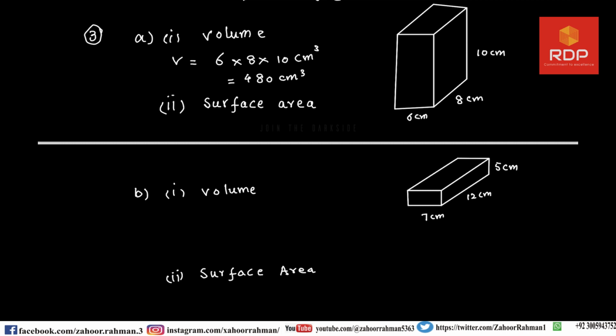Now the second case is interesting. Here we are saying that the surface area of the cuboid will be equal to 2 into 6 multiplied by 8 plus 8 multiplied by 10 plus 6 multiplied by 10.